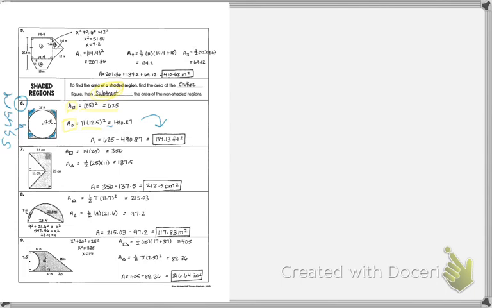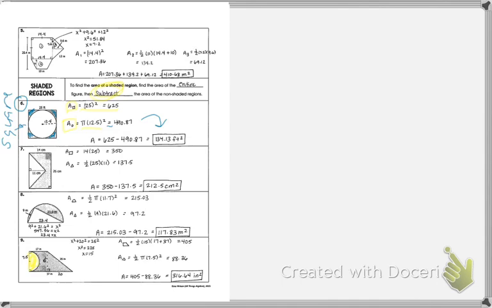Find the area of the shaded region, which means we have to find the area of this triangle, and this area right here. That half circle is an empty space, so we're going to have to subtract it from all of that.